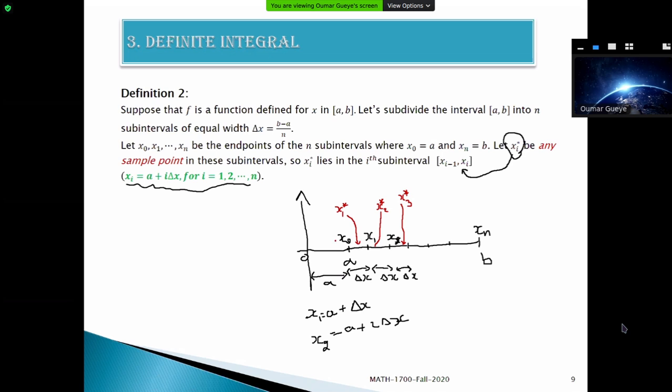By doing so, we define our definite integral as follows.